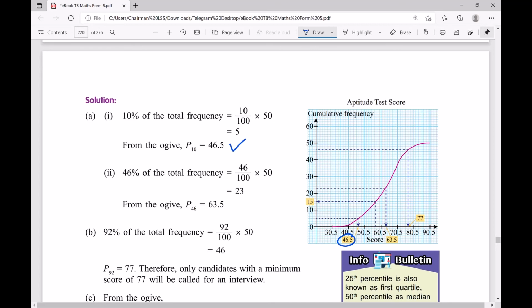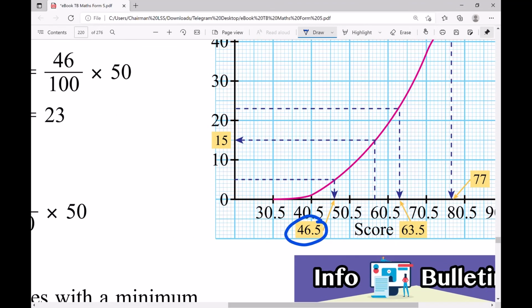How to read the graph? Here, you have 40.5 to 50.5. You have 10 units over there. So this one will be 41.5, and then you'll get here 46.5.